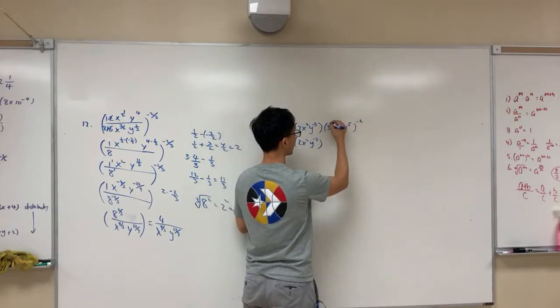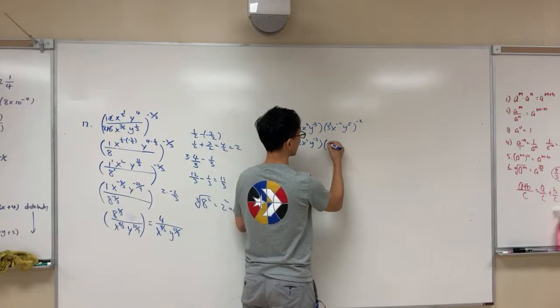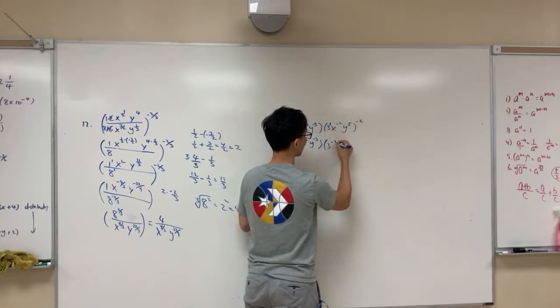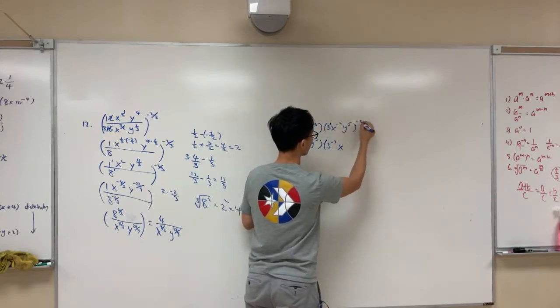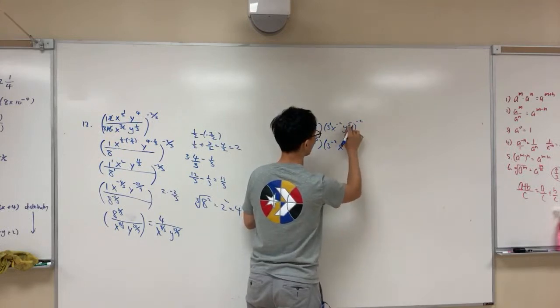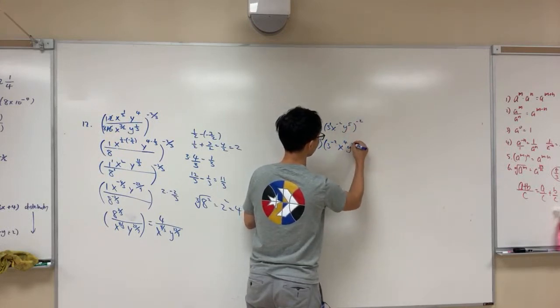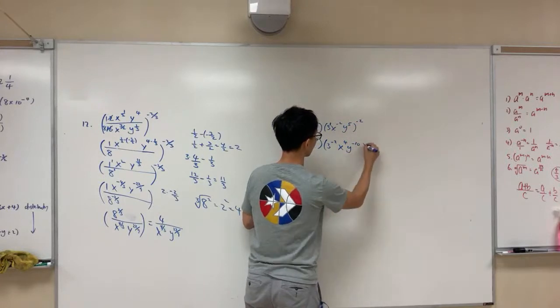So again, I'm going to write down 1 power here, so it'll be 3 to the 1 times -2 is -2. X to the -2 times -2 is 4. Y to the -10. Okay.